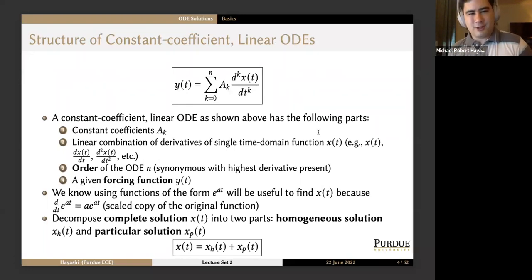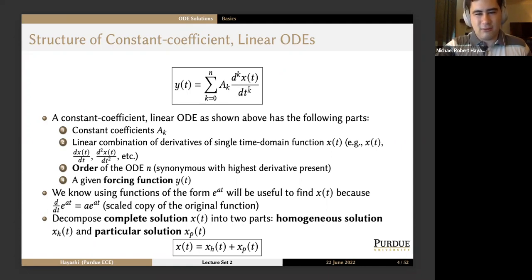So here is the structure of a constant coefficient linear ordinary differential equation. It's going to have the following parts. We're taking a sum of constant coefficients, a_k, these are not functions of time or anything, times each derivative, not raised to a power.